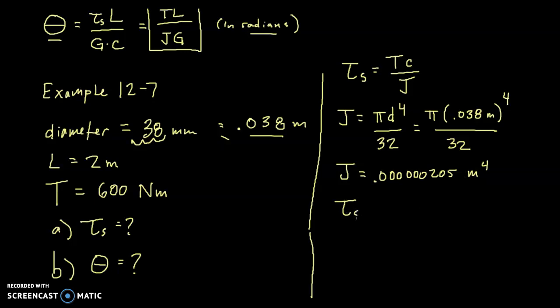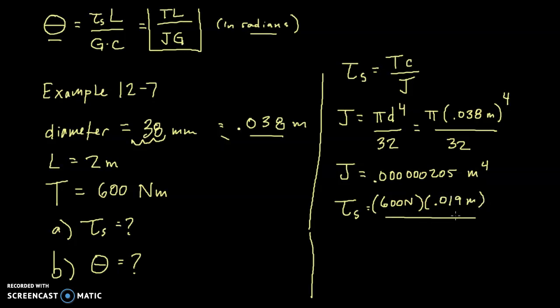So the shear stress is going to be the torque of 600 newton meters times C. That's going to be half the diameter. So if the diameter is 0.038 meters, then the distance C from the centroid to the outer edge is going to be 0.019 meters. It's half of that.